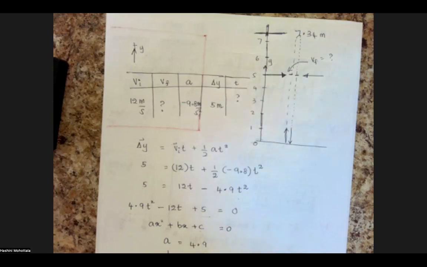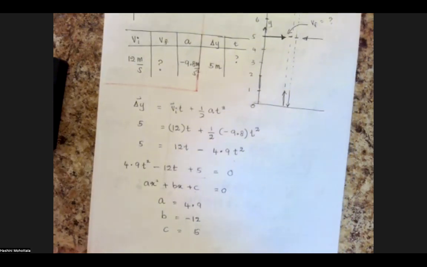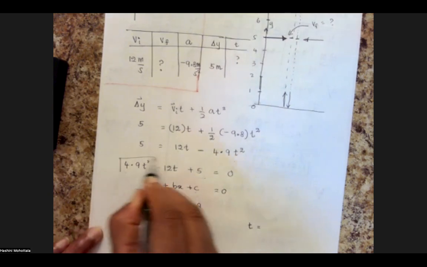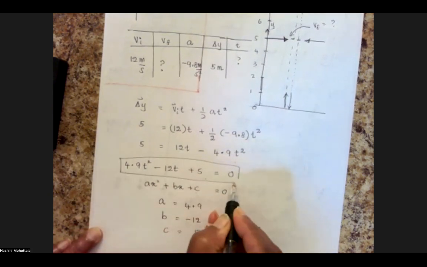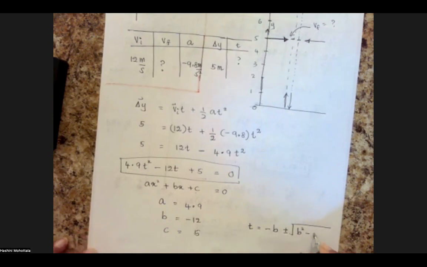The students who are using TI-89 or TI-84 can actually feed this equation directly into their calculators and get the solutions. But for other students, here's what you want to know. t equals, because t is the variable here, minus b plus or minus square root of b square minus 4ac, divided by 2 times a.